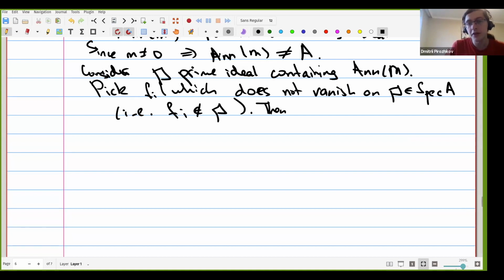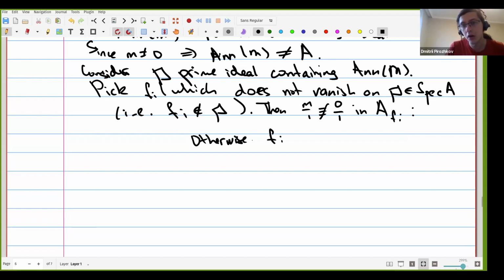So if you pick such Fi, then I claim that M divided by 1 is not equivalent to 0 divided by 1 in the localization at Fi. Otherwise, by definition, that would mean there is some power, say Fi to the n times M, equal to 0 in the module.